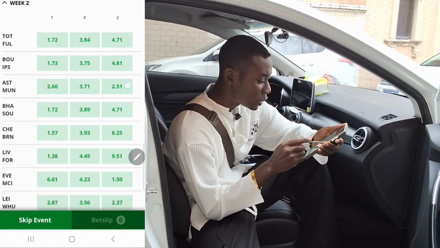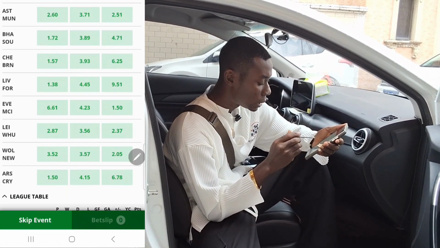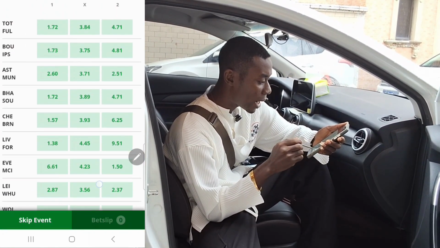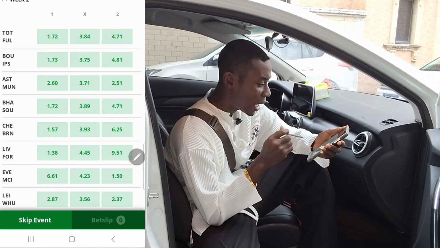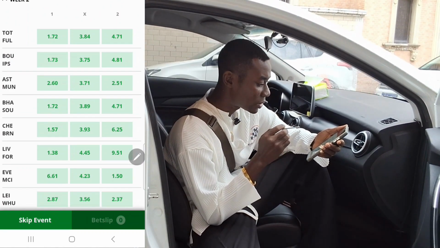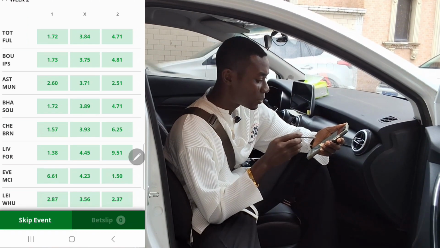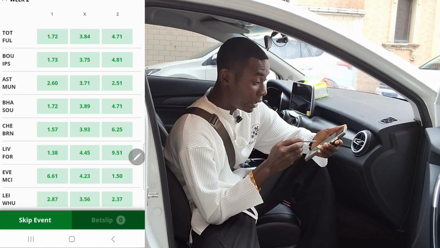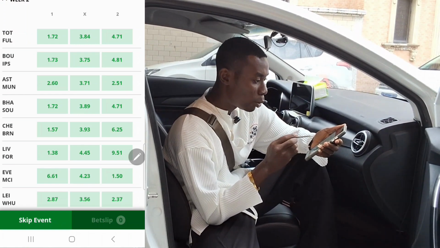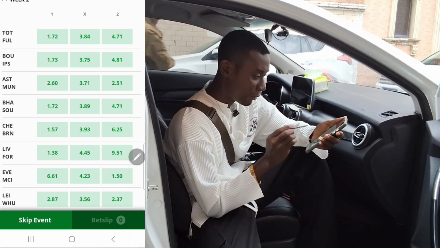Now I skipped to week 2. We have Fulham playing against Tottenham, Ipswich playing against Bournemouth. Now Southampton playing against Brighton. They are all above the 1.7.